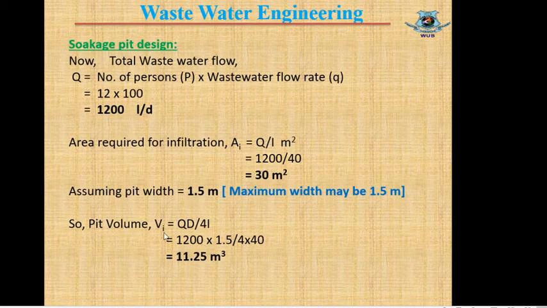So pit volume can be calculated using the equation V_i equals Qd divided by 4I, with Q equal to 1200 liters per day, d equal to the dimension of the pit, 1.5, and I equal to the long term infiltration rate, 40. So finally pit volume stands at 11.25 cubic meters.